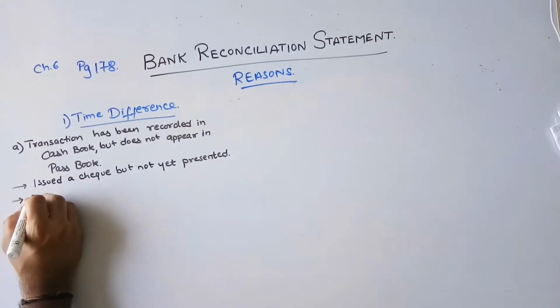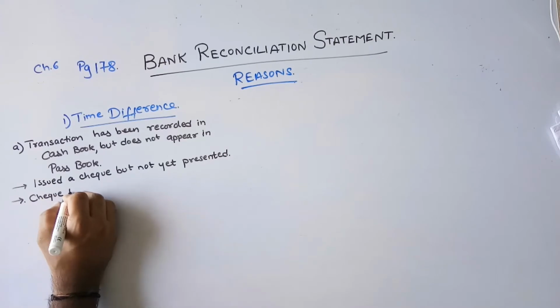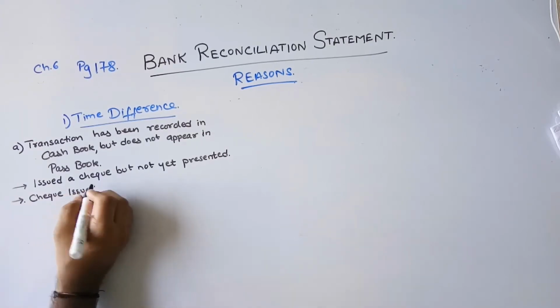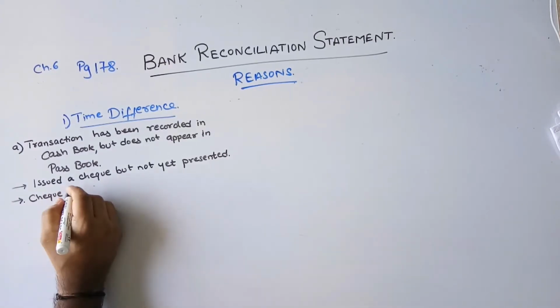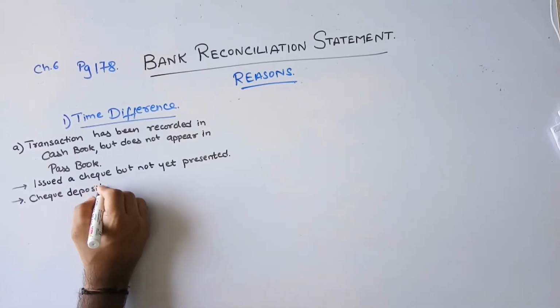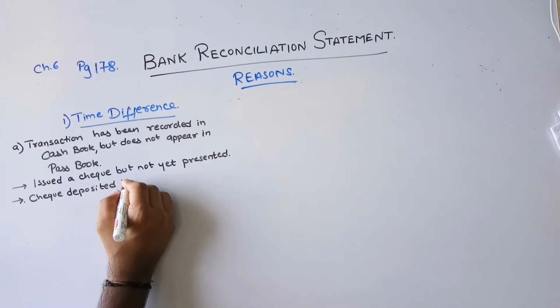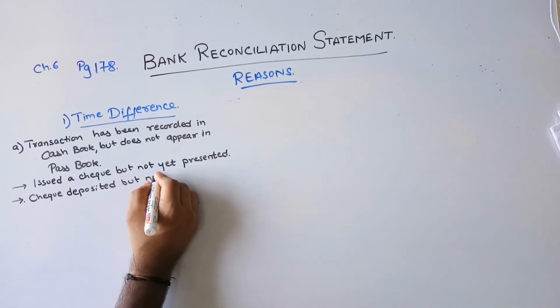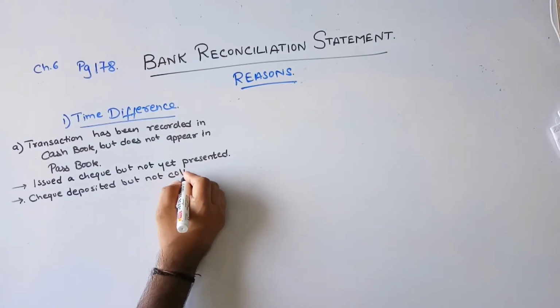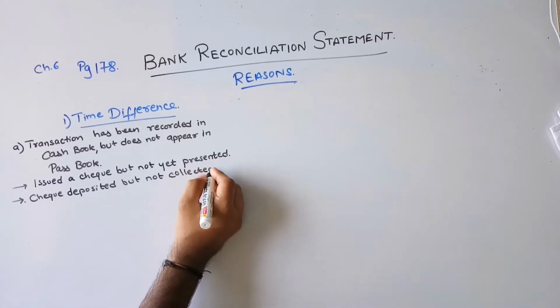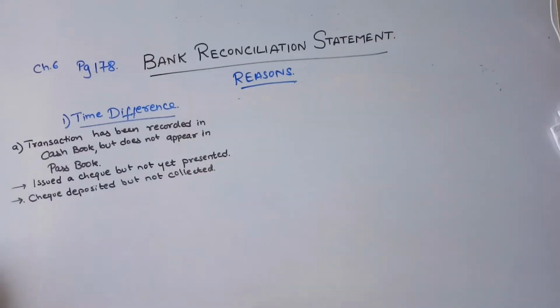The second is check deposited but not collected. What is the second one? I received a check.